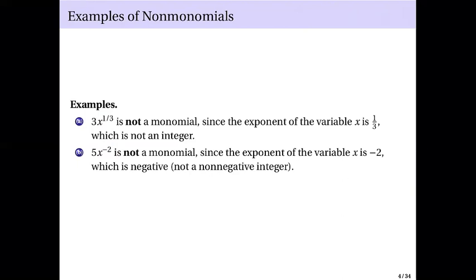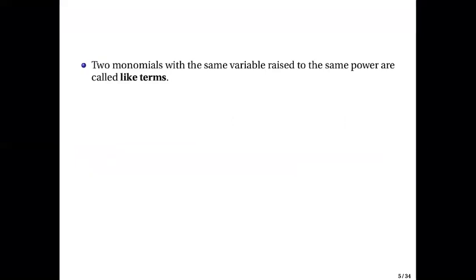Now, these monomials, just like all real numbers, you can add them, subtract them, multiply, and divide. So we can also do that with these monomials. You can add or subtract monomials, provided they have this property: two monomials with the same variable raised to the same power are called like terms.